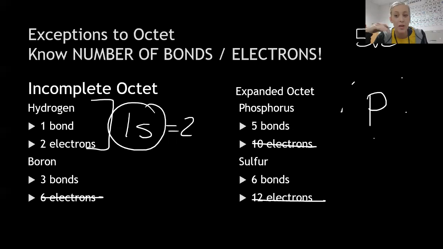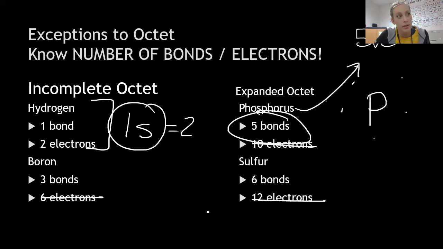It's like if you had a birthday party and you had 6 people go to a hotel and 7 people showed up, but the room next to you was empty, they would just book you in the next room. It's the exact same thing. They're using the extra empty rooms in that D shell to expand their octet. And it will always be 5. Phosphorus likes 5 because it has 5 valence electrons, and that's a great way to remember.